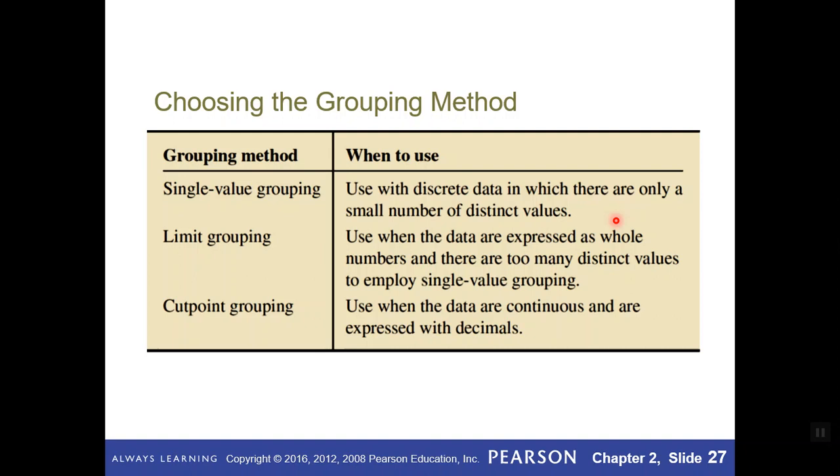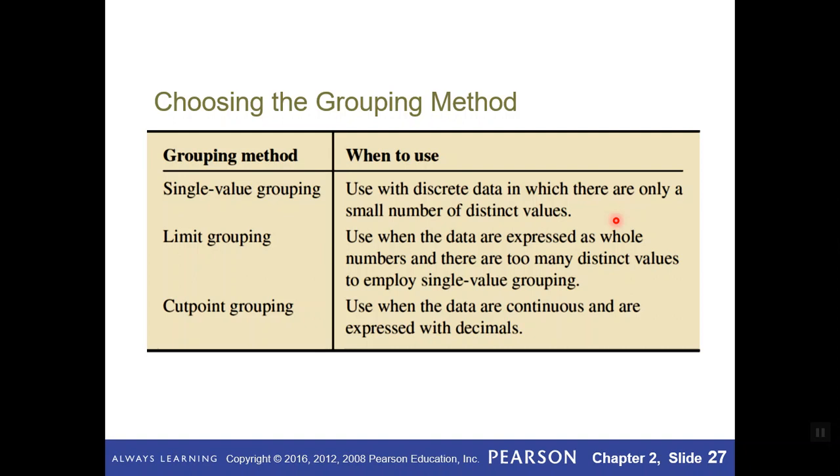If you have discrete values and too many of them, you have to use limit grouping. So you use single value grouping if you have few discrete distinct values, and limit grouping if you have too many discrete distinct values that you cannot deal with using single value grouping.